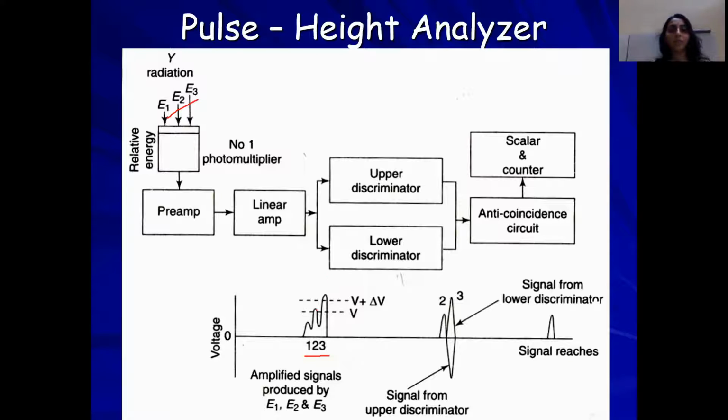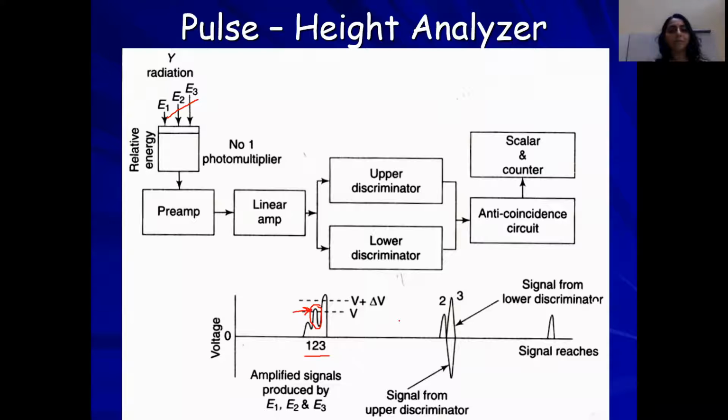The discriminators are designed such that they will only detect a chosen pulse. You can decide which pulse it needs to identify. Depending on the type of radiation we are trying to send, that is alpha, beta, gamma or X-rays, the upper and lower discriminator settings can be set. Presently, it is set to identify pulse number 2.